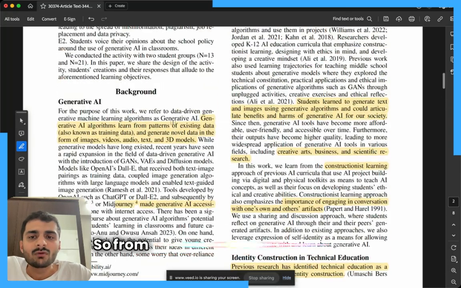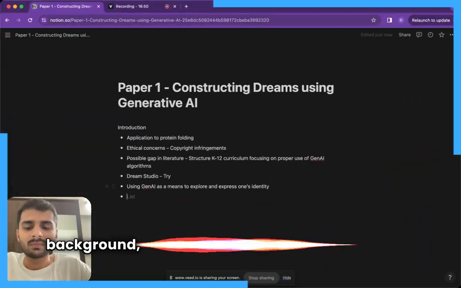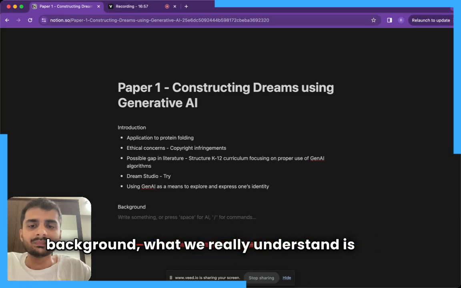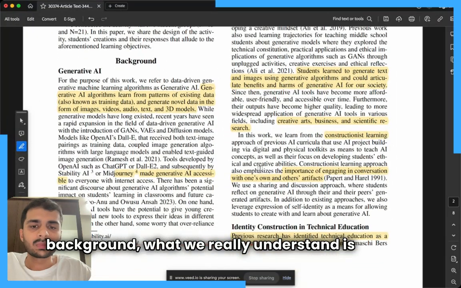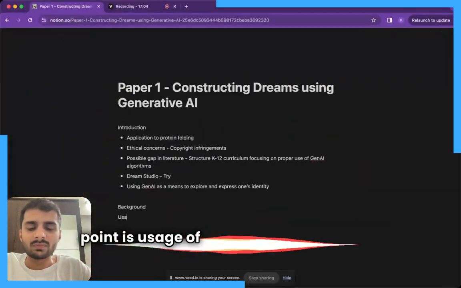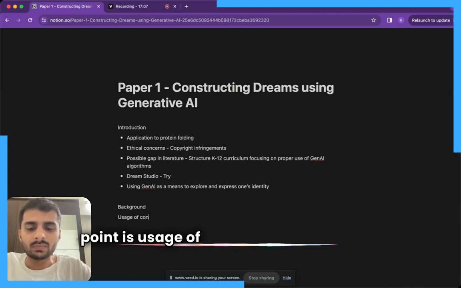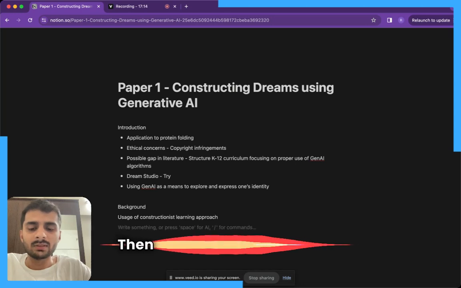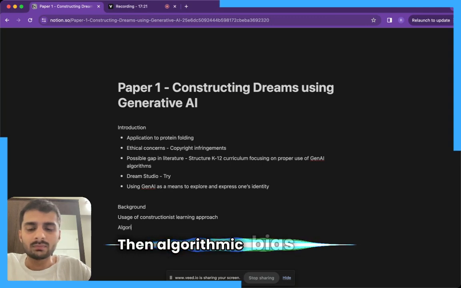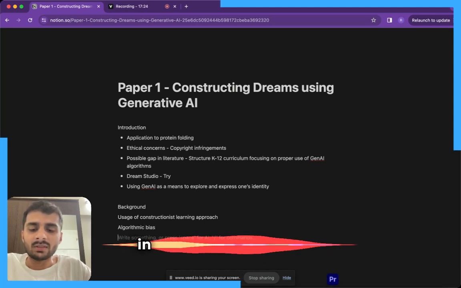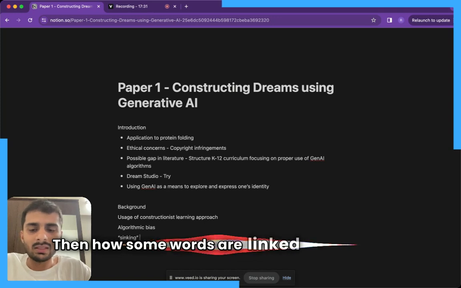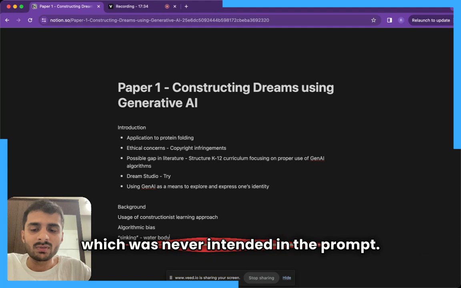So, from this next section, which is the background, what we really understand is the first point is usage of constructionist learning approach, then algorithmic bias inherent in the Gen AI application, then how some words are linked with something which was never intended in the prompt.